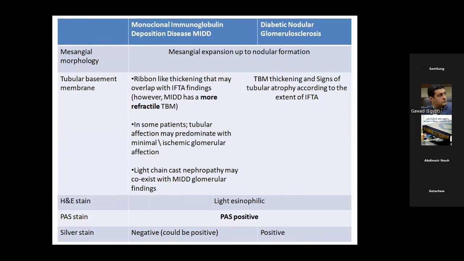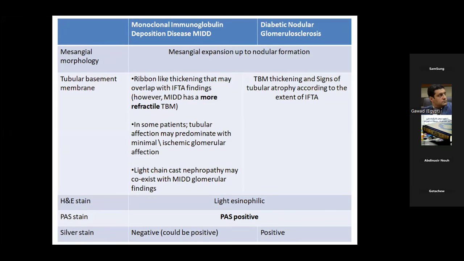Let's try to explain the difference between diabetic nodular glomerulosclerosis and the dangerous monoclonal immunoglobulin deposition diseases, where the patient could have an underlying monoclonal gammopathy, or even multiple myeloma, and his first presentation is renal affection with just proteinuria.